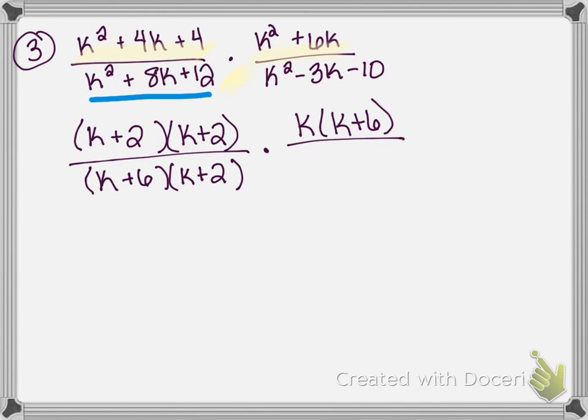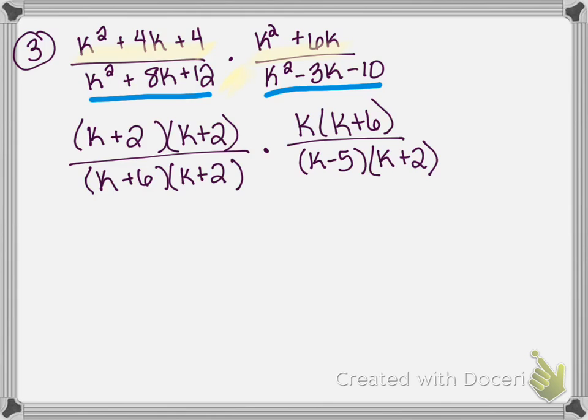Then I've got my bottom one, k squared minus 3k minus 10. So my product is negative 10, and my sum is negative 3. So two numbers, I've got a negative product, so that means one of my numbers has to be negative. What are my numbers? Negative 5 and 2. Good. K minus 5 and k plus 2.